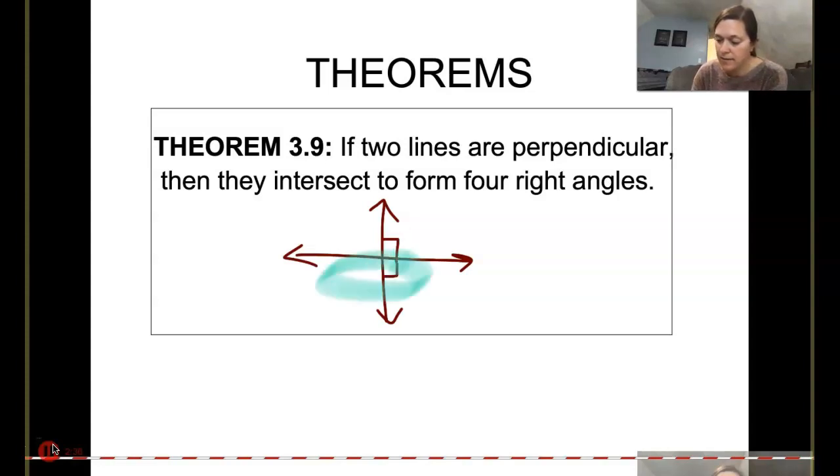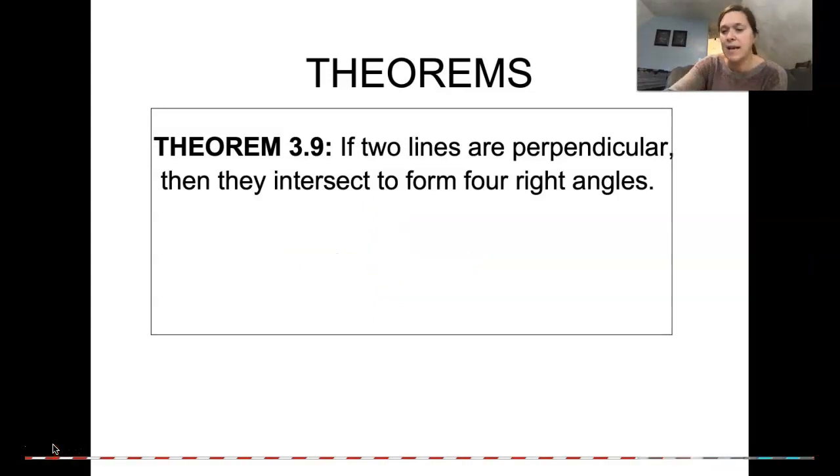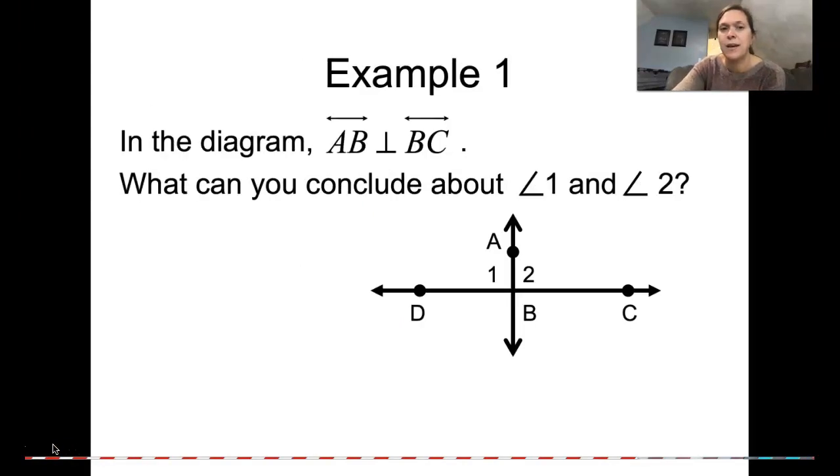Here's a linear pair, so if that right is 90 degrees, then the left needs to be 90 degrees. And then here's another linear pair, so if the right is 90 degrees, then the left needs to be 90 degrees. So if it's perpendicular, then all 4 of those angles created from that intersection will all be right angles, which I'm sure you could have figured out without having an actual theorem telling you that.